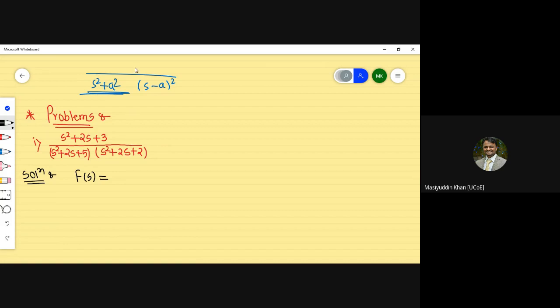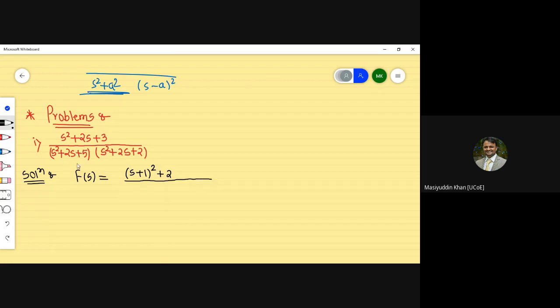One hint is clearly given here: we have to make a factor of s plus 1 the whole square. So on that basis I'm making a term of s plus 1 the whole square plus, since s plus 1 the whole square is s square plus 2s plus 1, and 1 plus 2 will be 3, so 2 outside, upon.